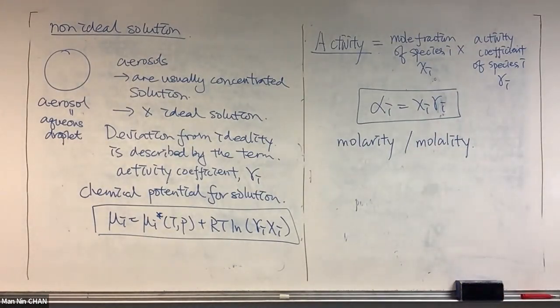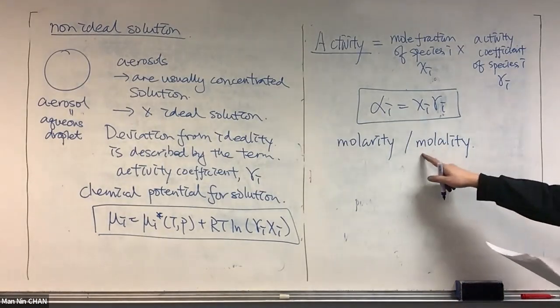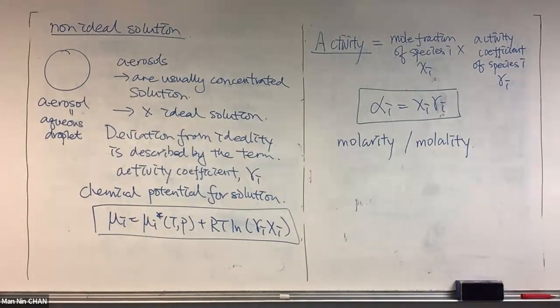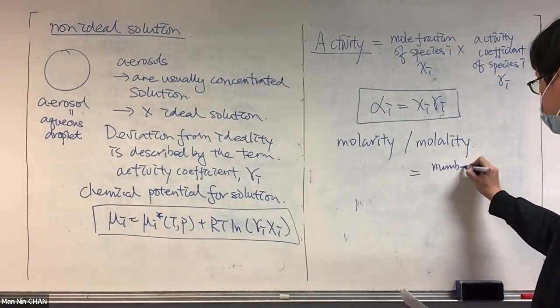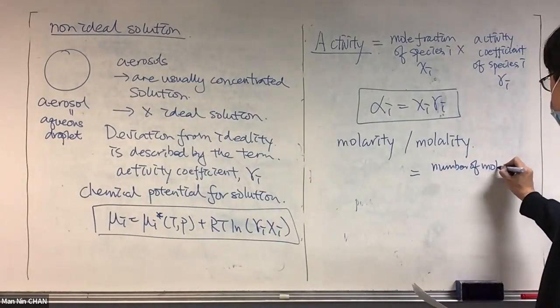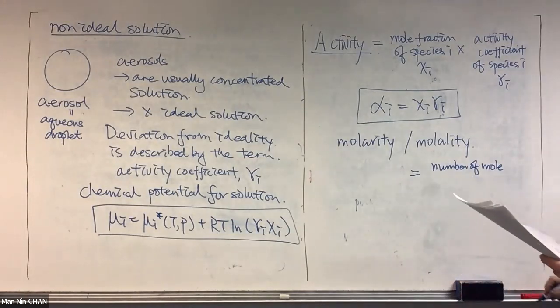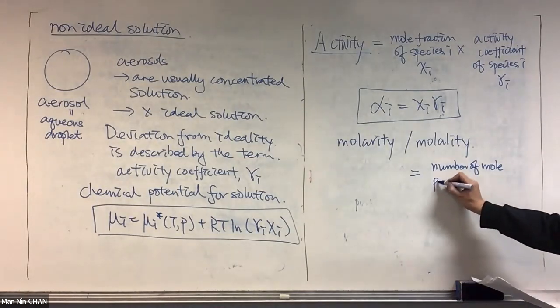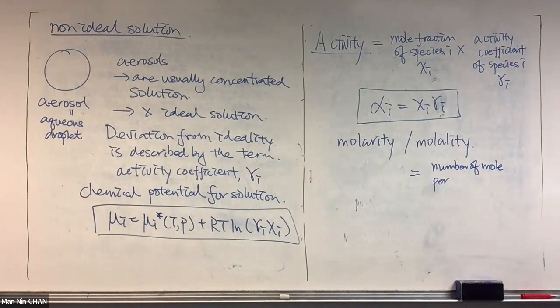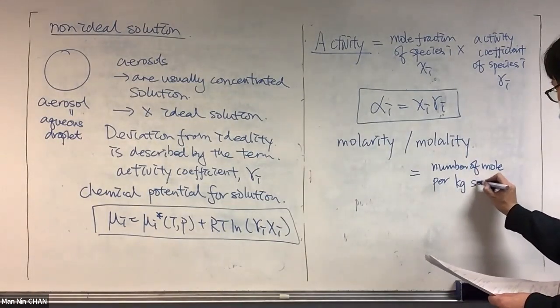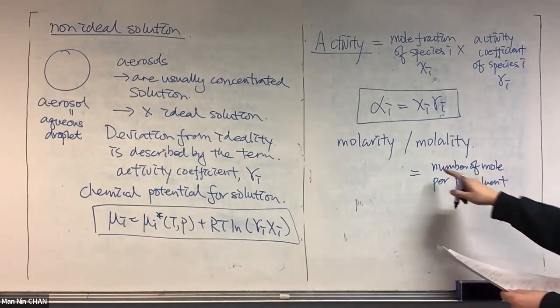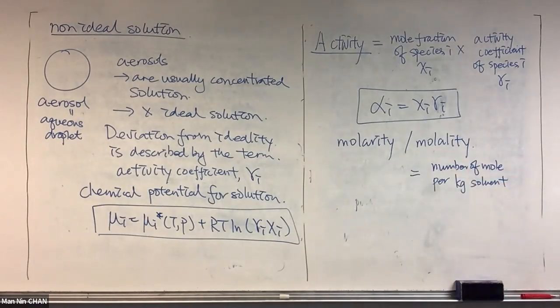So for the molality, here means you are talking about the number of mole of your species, right, per, say, the mass of your solvent. For example, a kilogram of your solvent. So that means you're looking at mole divided by the mass of your solvent here, okay.